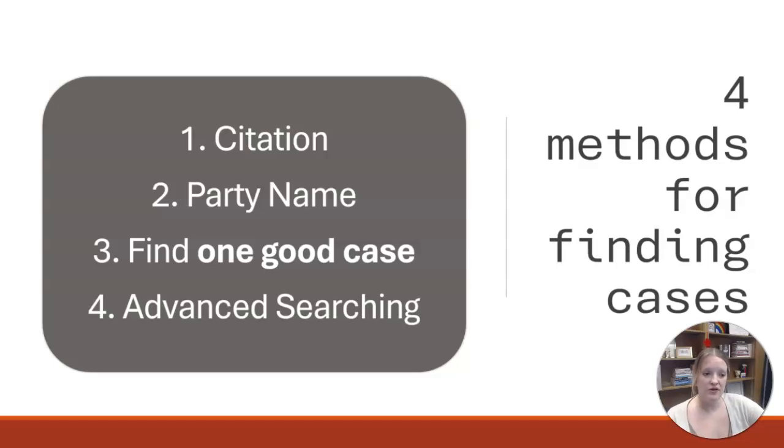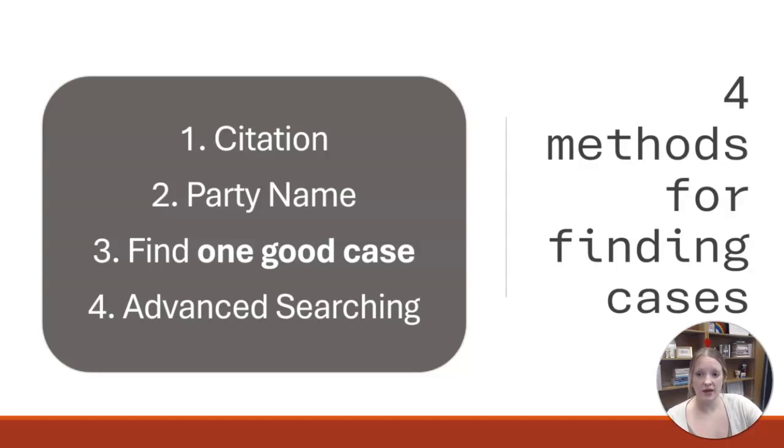Okay, so if we find our case using citation or party name, we have determined that case is relevant, we can take other tools such as citing references, which shows the cases that are citing the case we're looking at, right? Or headnotes, which are the tools that summarize legal issues above the case.